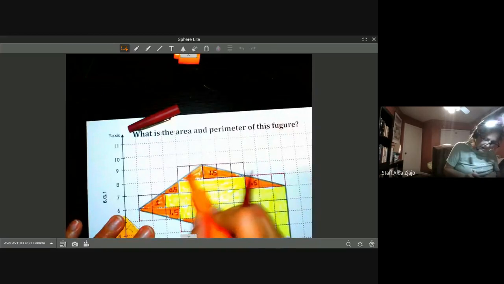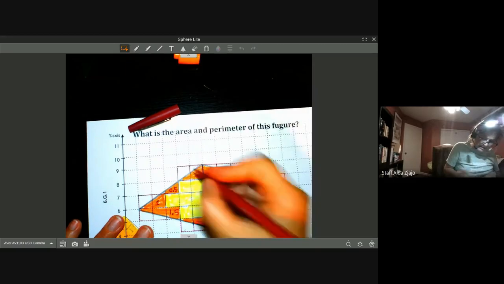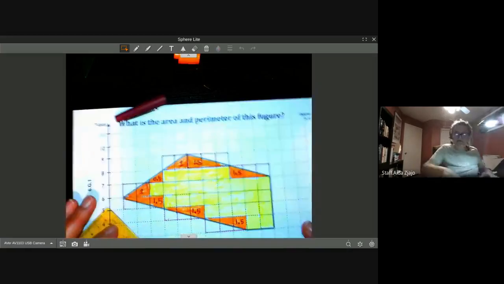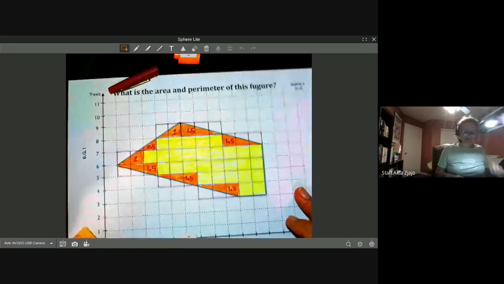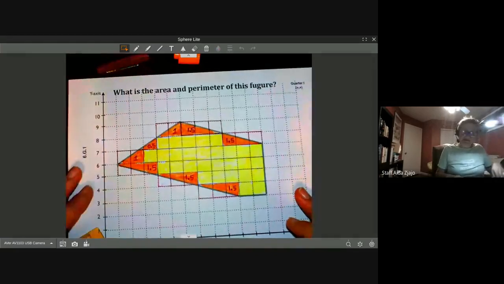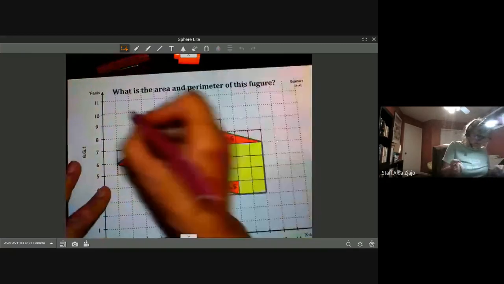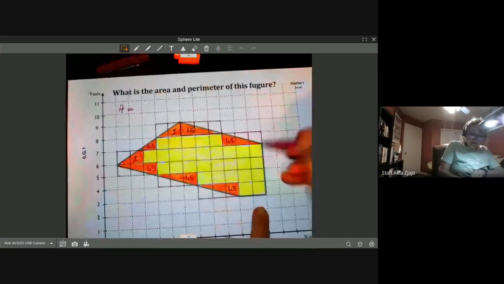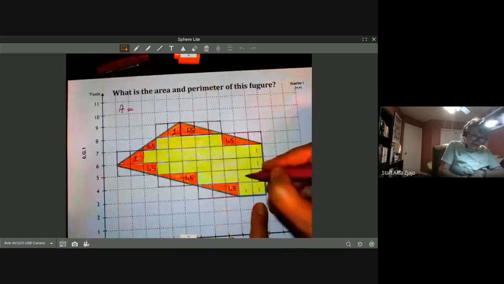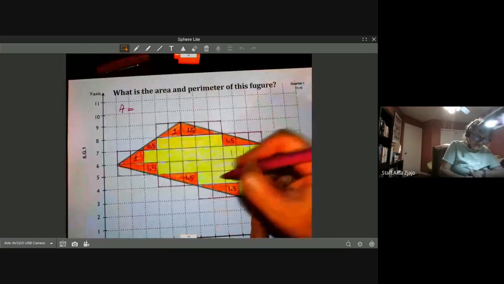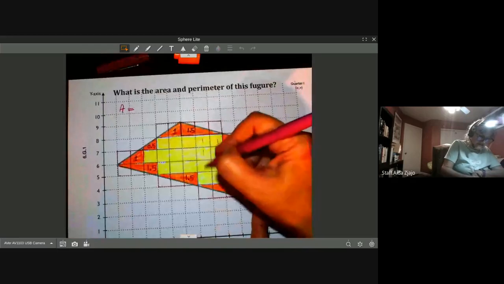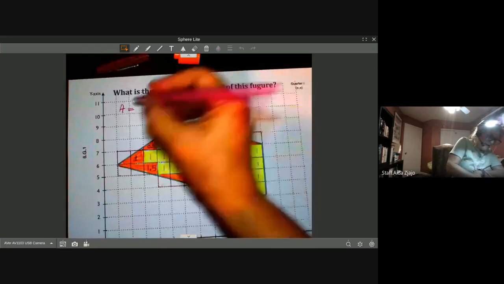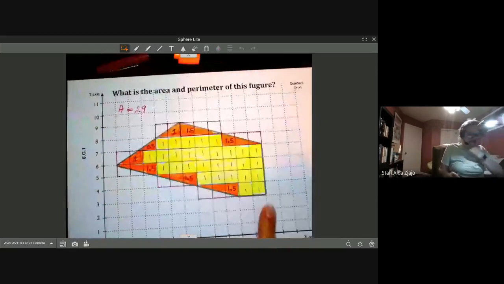So now you have the inside method, and you can add all these values together to find the area of this pentagon. Area is equal to, if I count all these whole squares, 1, 2, 3, and so on up to 29. It's 29 square units.